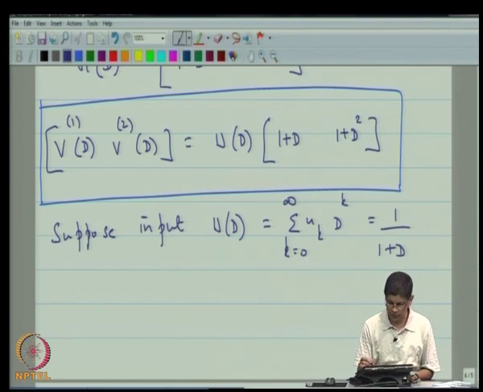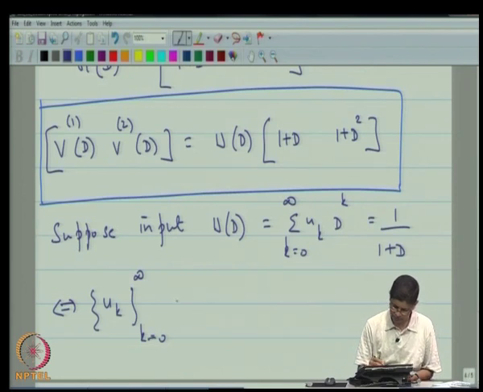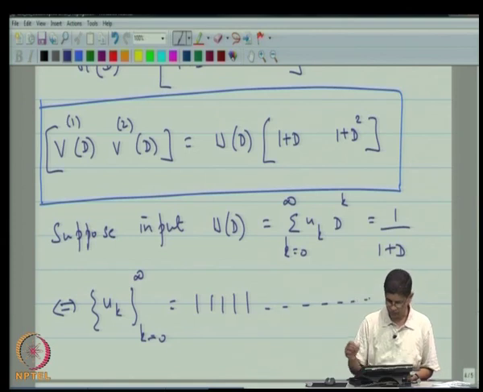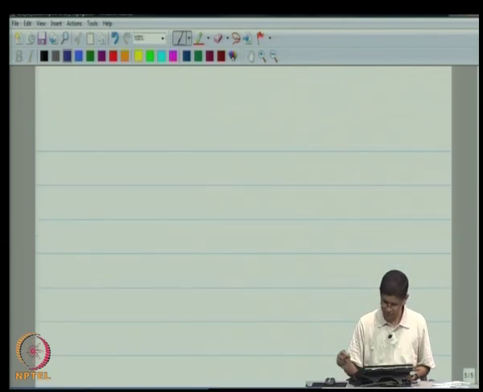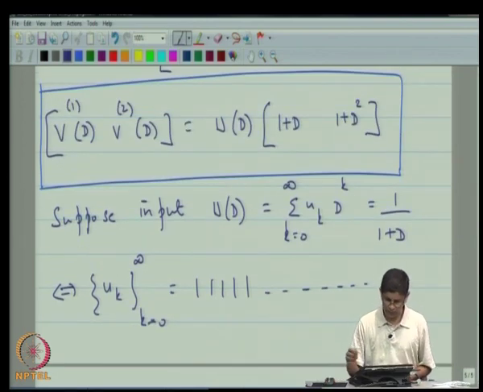So, this is equivalent to saying that your sequence u k, k goes from 0 to infinity, is a string of ones going off to infinity.